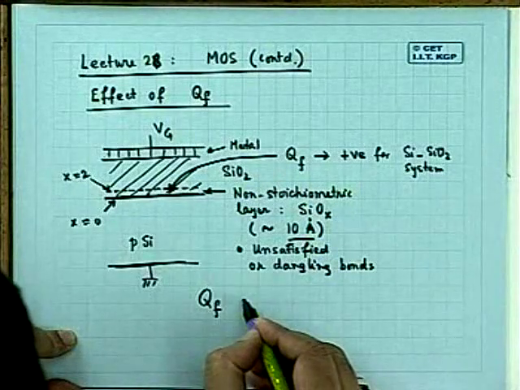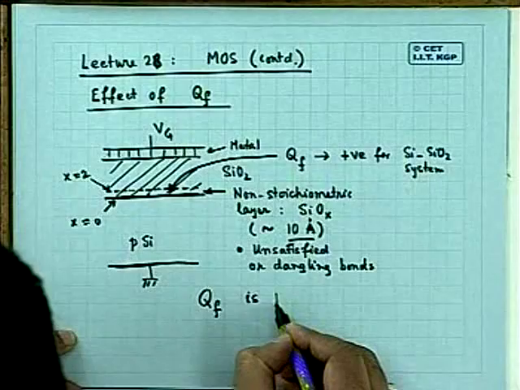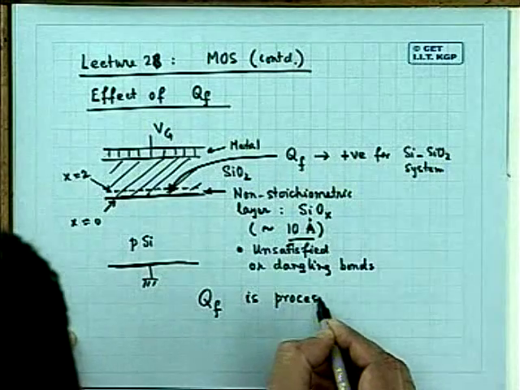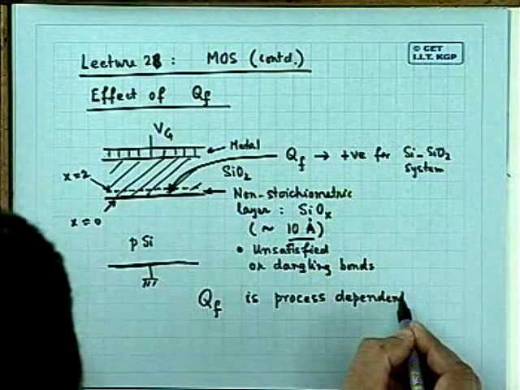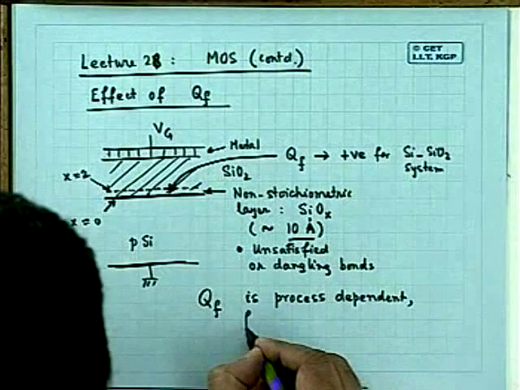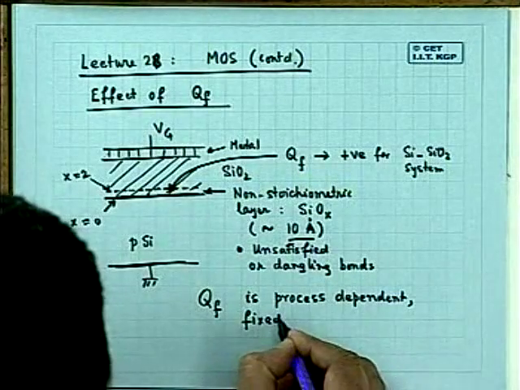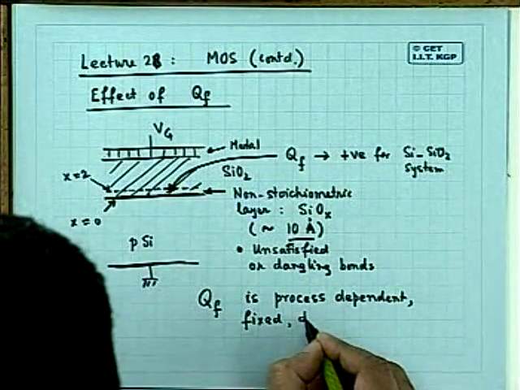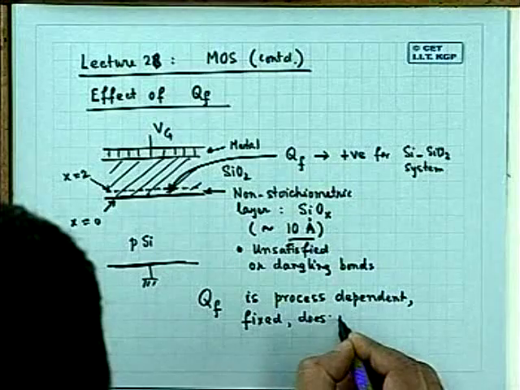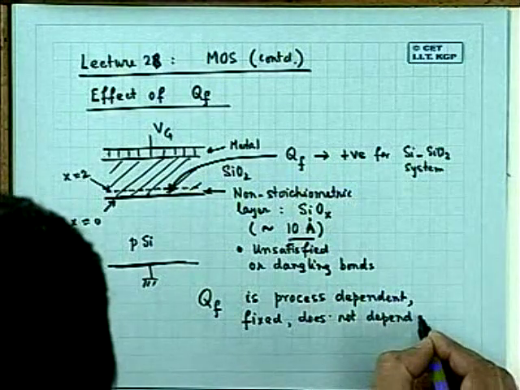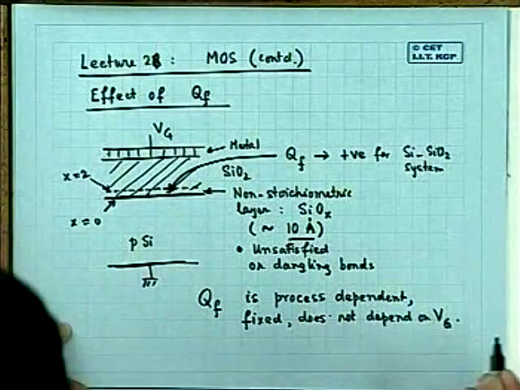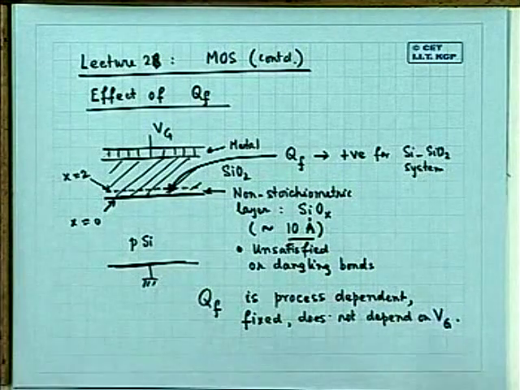This is a process dependent charge. QF is process dependent. It is fixed. Fixed means it does not depend on Vg. It depends on temperature and other things.